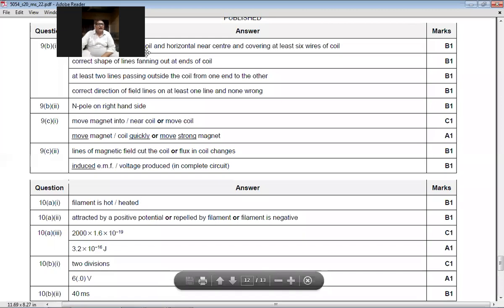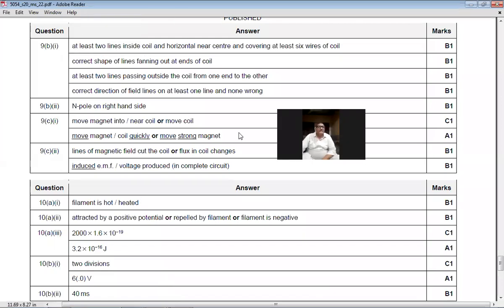Let's check the marking scheme. It says lines of magnetic field cut the coil, or flux in the coil changes, induced EMF, voltage produced in the complete circuit. So that was, my dear students, question number 9. Today we are doing May-June 2020 2-2.